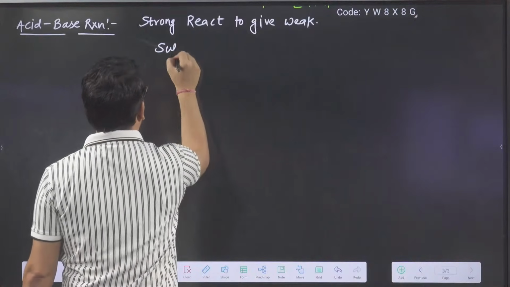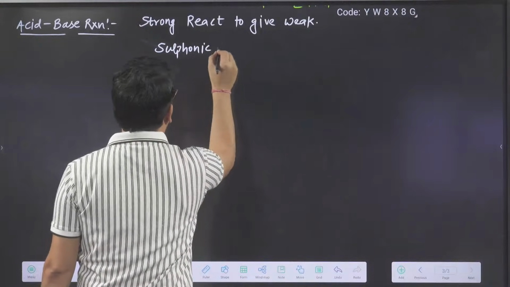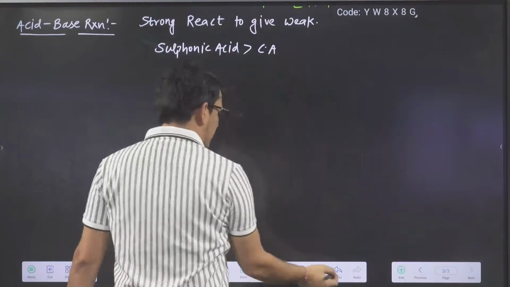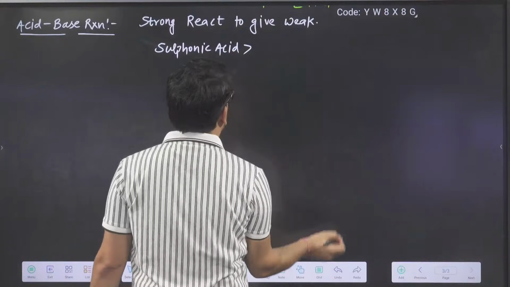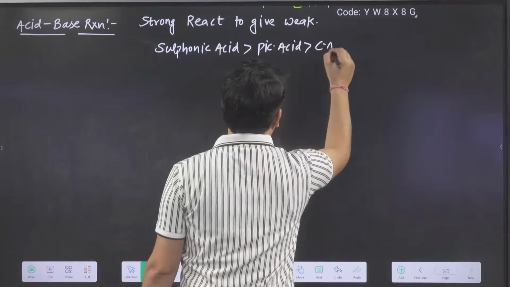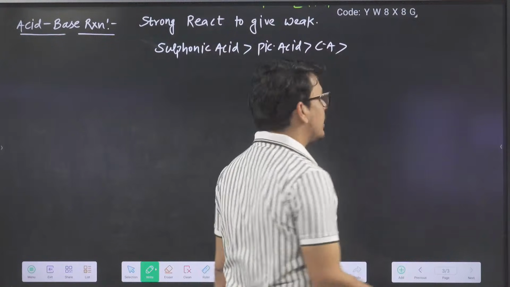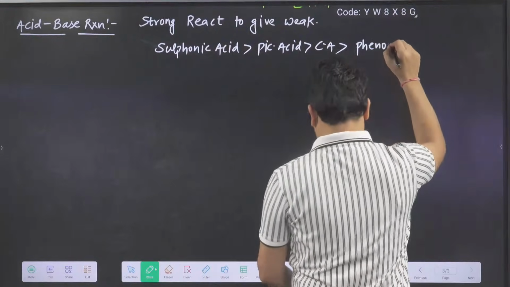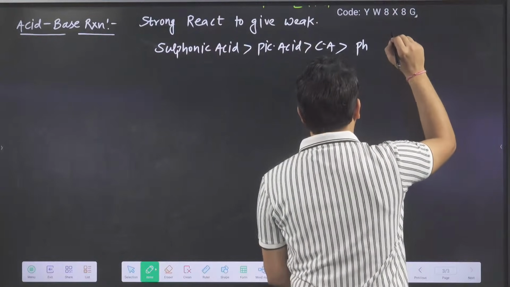I can say first sulfonic acid. Then in general picric acid, I can say better. And then carboxylic acid. And then carbonic acid.